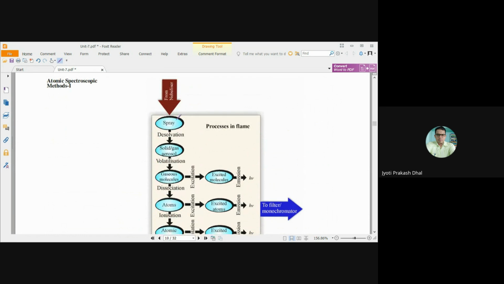In the flame photometric method, first we make a salt solution using a particular solvent, and then the salt solution is injected into a nebulizer. It undergoes nebulization and is sprayed into the flame. This is the process inside the flame: during aspiration, the solvent is removed, which is called the desolvation process.